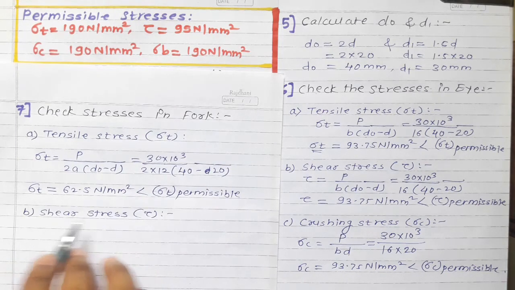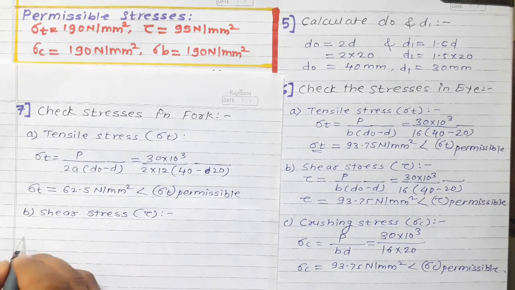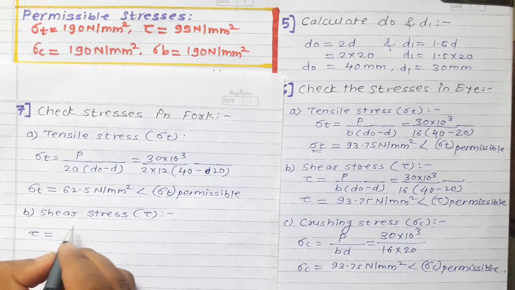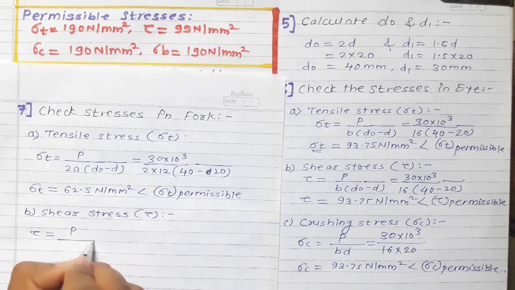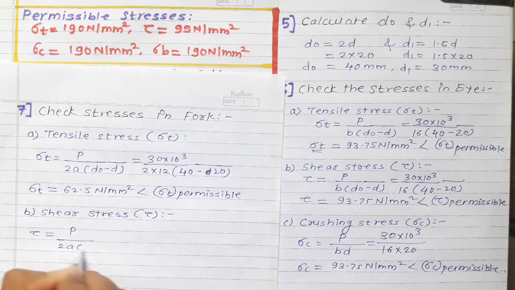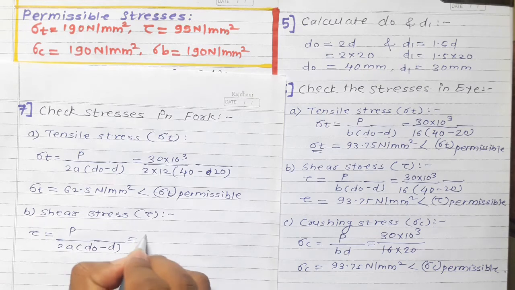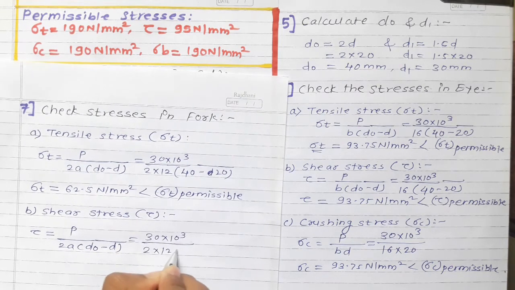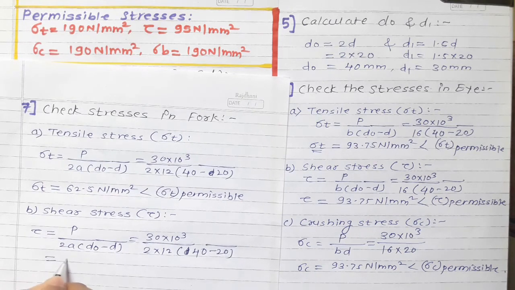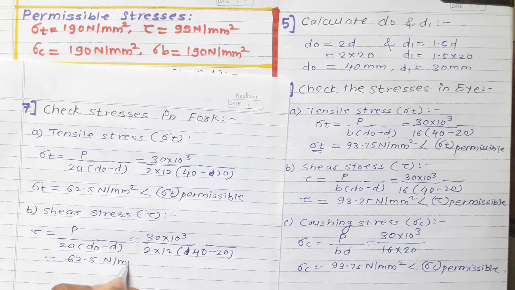Now the second stress in the fork is shear stress tau. So we have to find out the induced shear stress in the fork. So its equation is P upon twice A into dO minus D. So the RHS of sigma T and tau is same, so we will get the same answer, but we have to put here the value of P, A, dO and D. So we will get the answer same because the RHS of sigma T and tau is same.